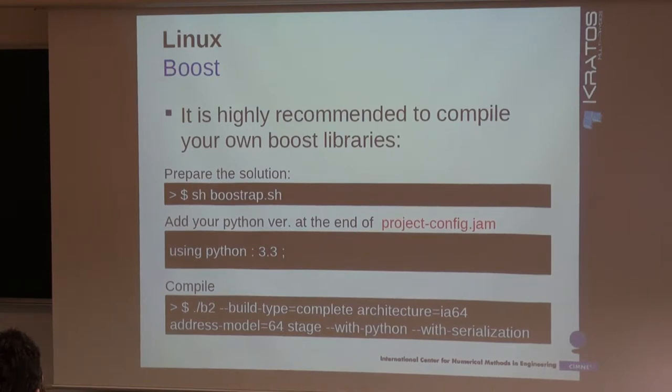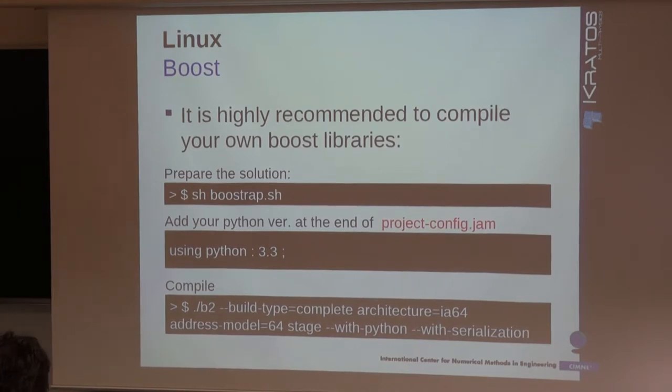We can easily skip compiling the other things if we follow this procedure, which is basically to prepare things by calling that bootstrap script. After that, it will generate some files and some executables. You have to modify the project configuration jam file and add this line.